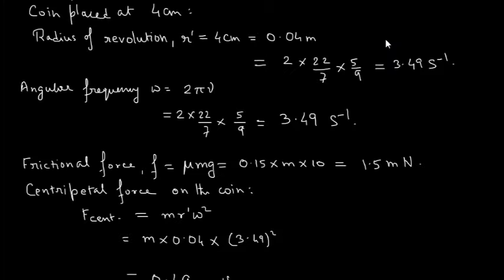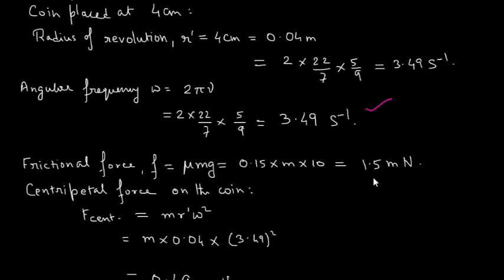Angular frequency omega is equal to 2 pi nu, that is 2 into 22 upon 7 into 5 upon 9, that is 3.49 per second. Frictional force F is equal to mu mg, which is equal to 0.15 into m into 10, which is equal to 1.5 m Newton.